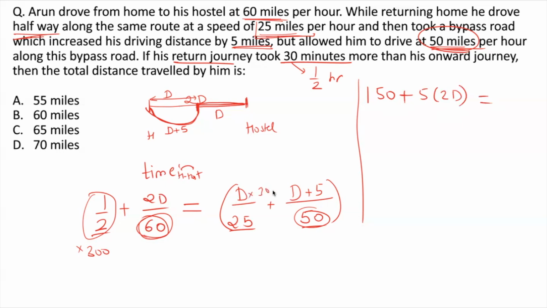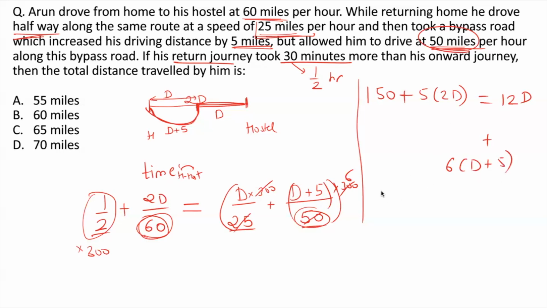This is also getting multiplied by 300. 25 cancels, and 12 times 25 is 300, so we get 12d, plus d plus 5 upon 50. This entire thing also gets multiplied by 300. 50 into 6 is 300, so you will have 6 into d plus 5.